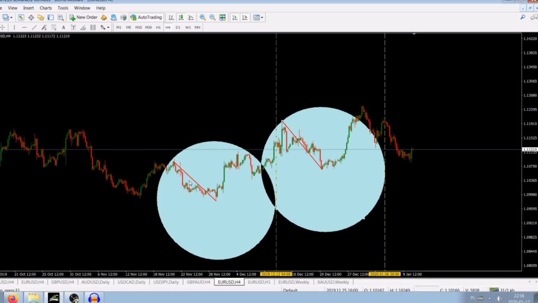This is the radius of the circle. We put the circle on the last leg before the price changed, and we draw the circle, and the circle shows us where the price might hit from this point.